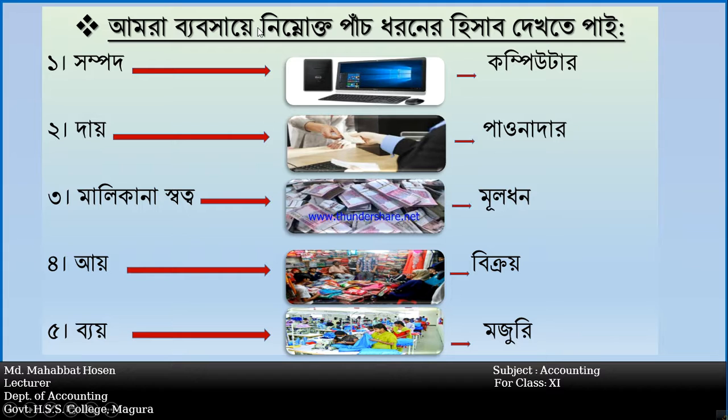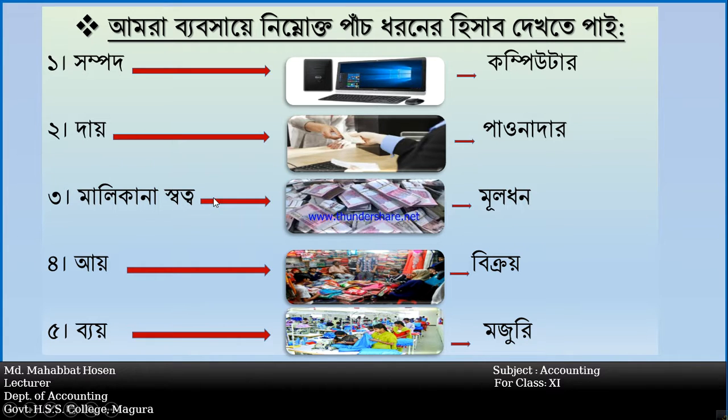We know very well there are 5 types of accounts that usually appear in front of us. They are assets accounts, for example, computer is an asset. Liabilities accounts, where accounts payable or creditors is an example.